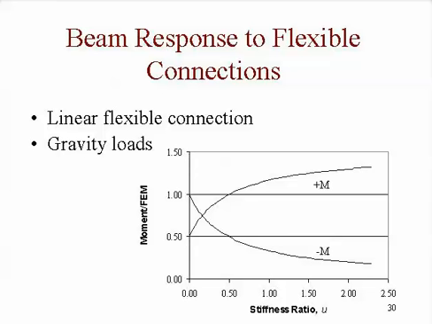In other words, here we're talking about the fixed end moment. And as that stiffness ratio increases, the moment on the end of the beam decreases. At the same time the moment on the end of the beam is decreasing, the moment at the center line is increasing. And so we have WL squared over 12 at the end, we have WL squared over 24 at the center line.